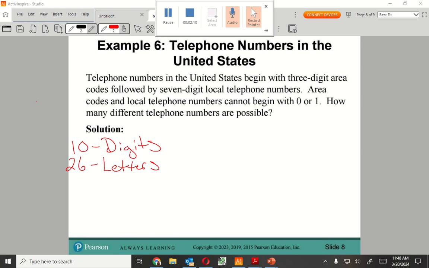Now right here it says telephone numbers in the United States begin with a 3-digit area code. What is the most common area code here in Phoenix? 602, right? So 602 is the area code that we're going to use.